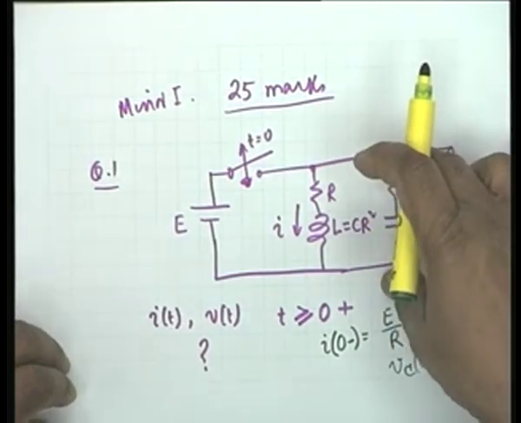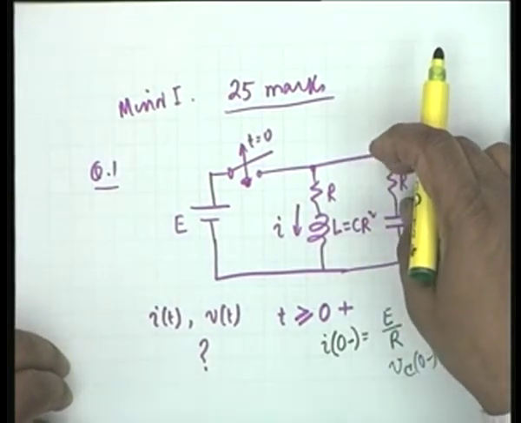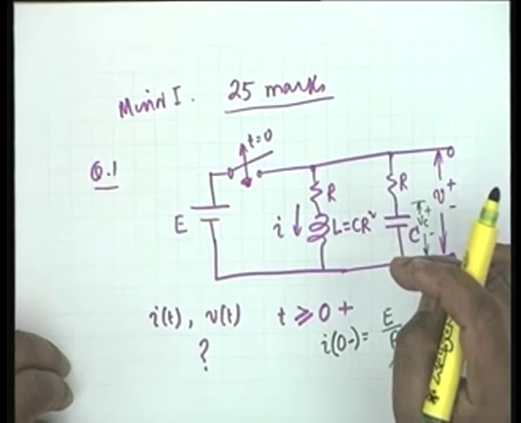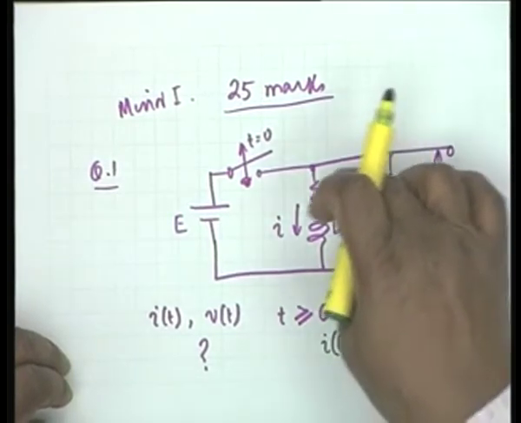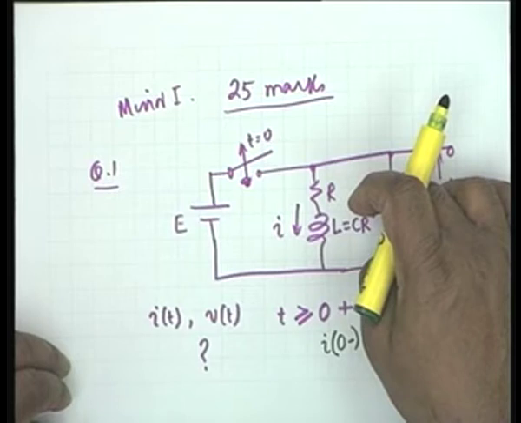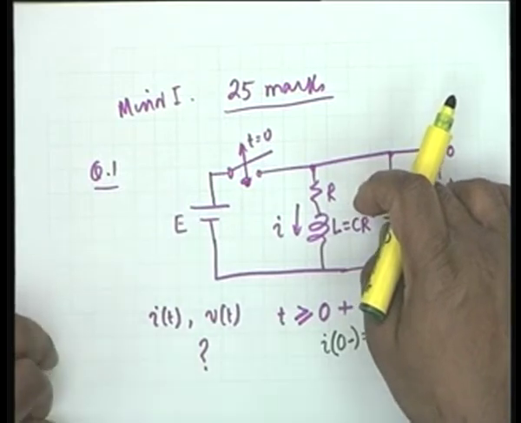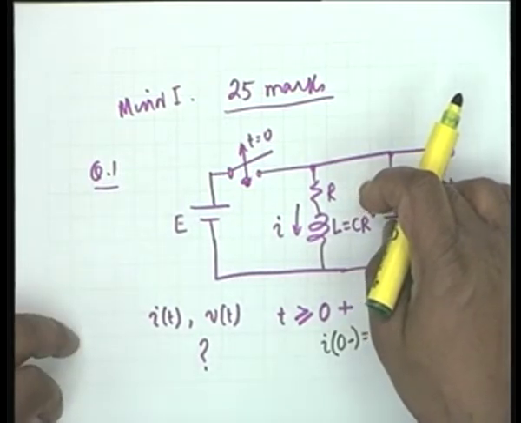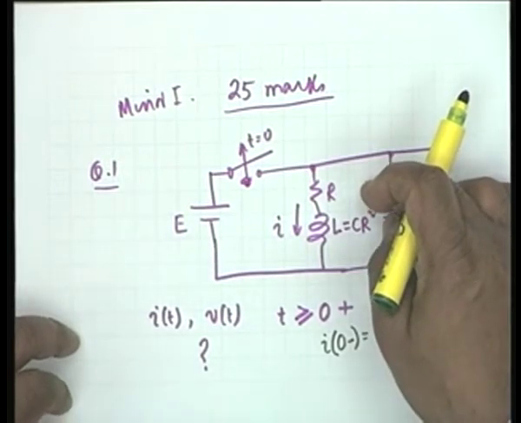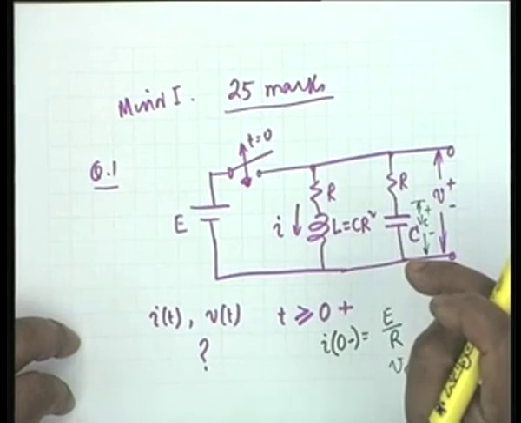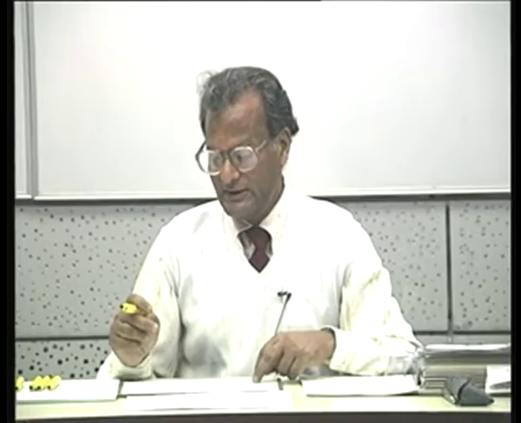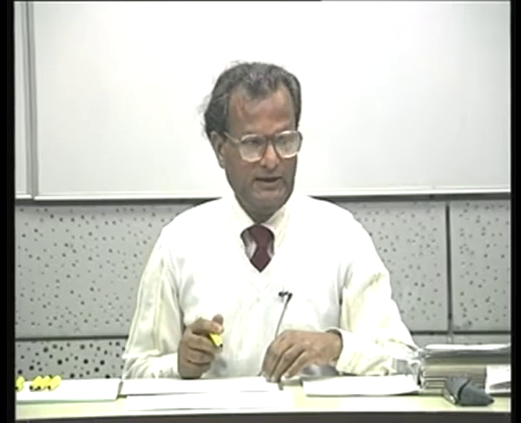This suggests that at t equal to 0 plus it is a single loop circuit. This suggests that you should use Thevenin's equivalent, not Norton's. Some of you have used Norton's and then didn't know how to manipulate. The simplest thing would be to use Thevenin's equivalent, containing one loop only. Do not make it more complicated than what the circuit given is.